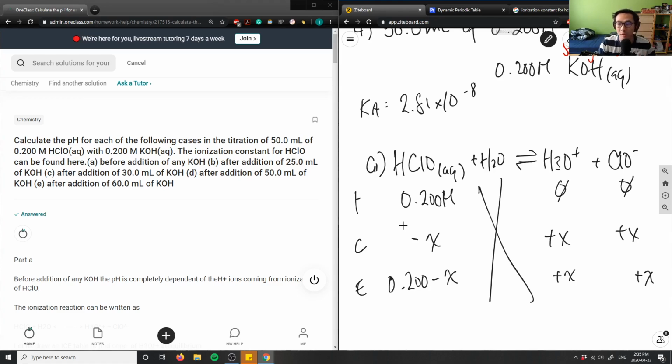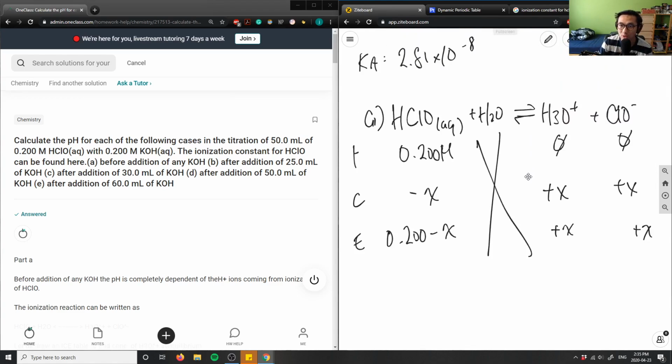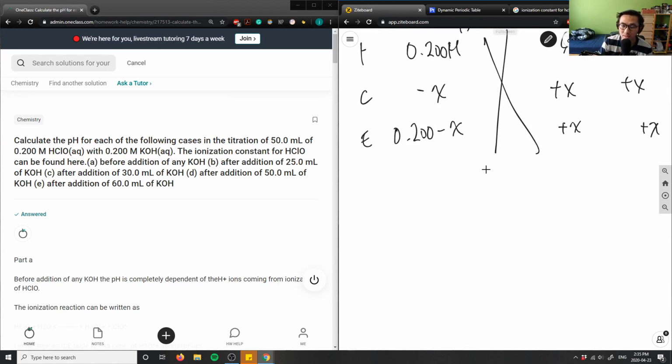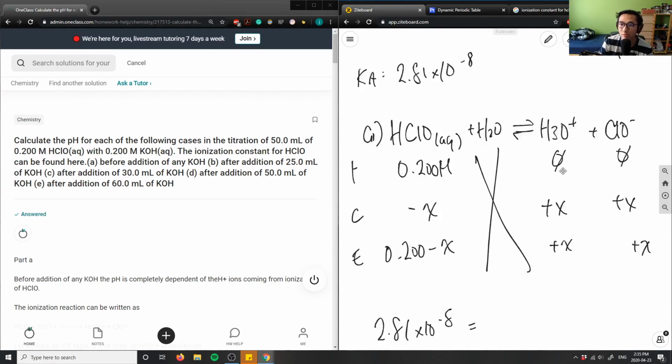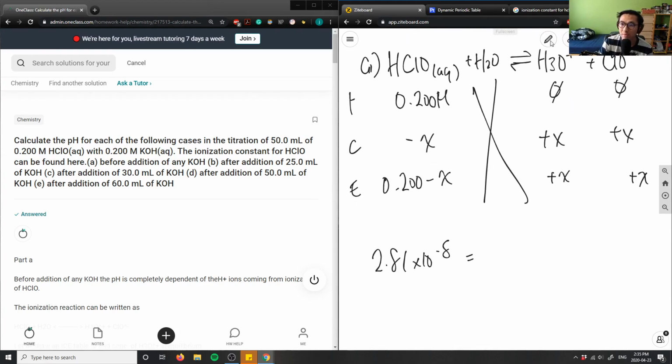So now I can write my equilibrium expression, and it's going to be equal to 2.81 times 10 to the negative 8, which will equal basically my products over my reactants, right? So in this case, it would be the concentration of H3O plus times the concentration of ClO minus over the concentration of hypochlorous acid.